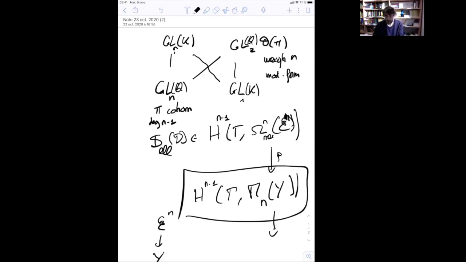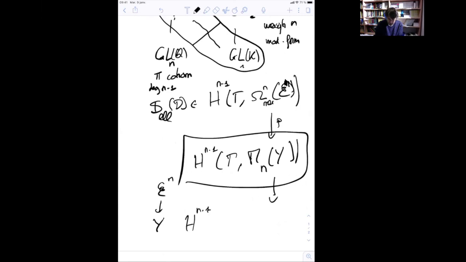And when we do that, what does it mean geometrically? It means that you restrict, sorry, you evaluate the modular form at a CM point. And in fact the class you get is related to the class you get by looking at this diagonal, which is the cohomology class of degree n-1 of a Bianchi group with scalar value.